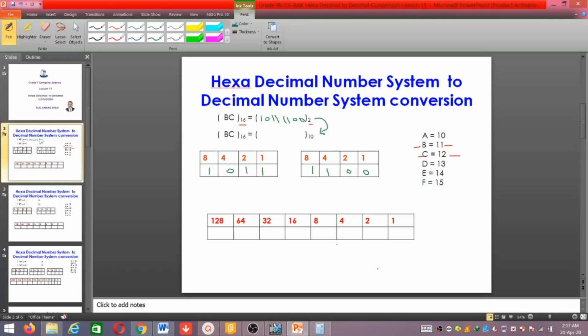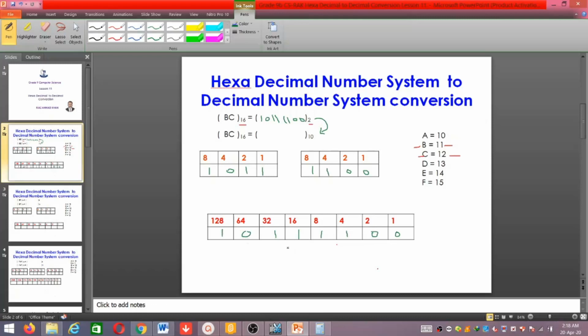To convert it into decimal, you will write this code here, with the place values 128, 64, 32, 16, 8, 4, 2, 1.